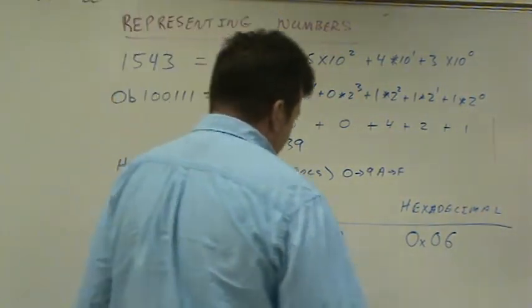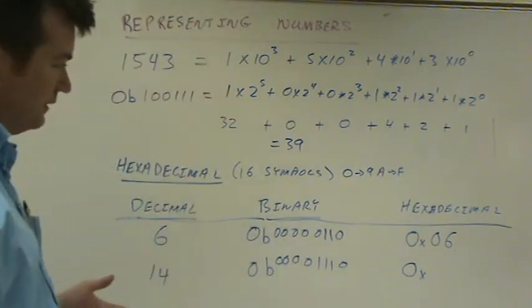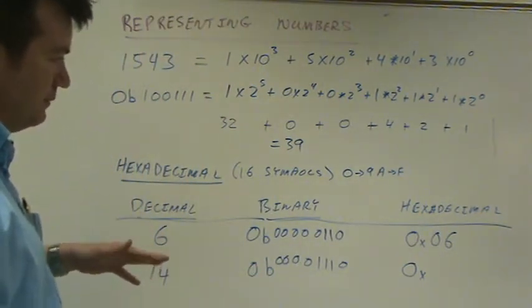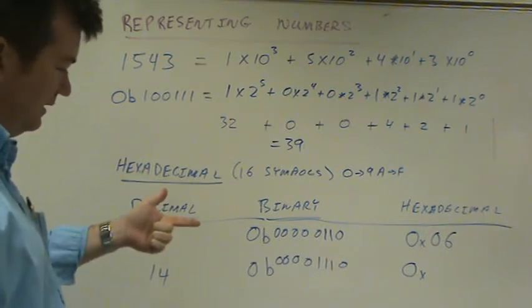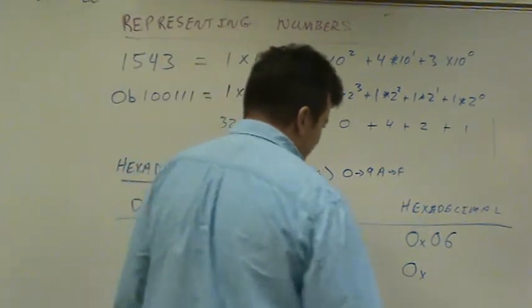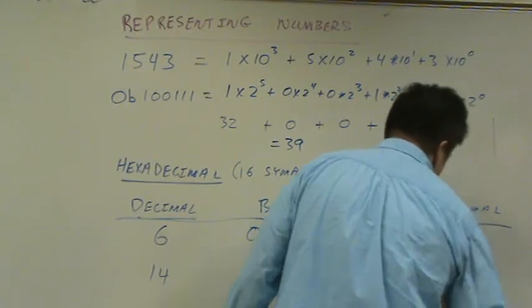And the hexadecimal version of it, this is the thing that takes a little adjusting to: after 9 comes the symbol for 10, which is A, and then 11, B, C, 12, 13, 14, it would be E. So if we did it with 2 places, it would be 0, E.